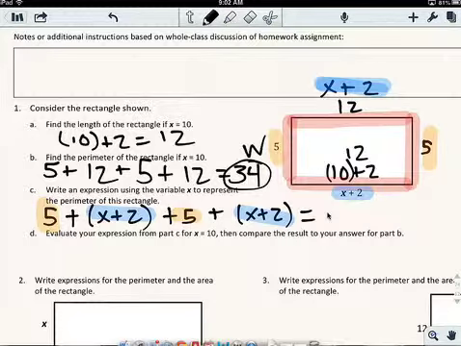To simplify, I identify the terms that are alike. I'm going to get rid of some of my highlighting so I can demonstrate that.